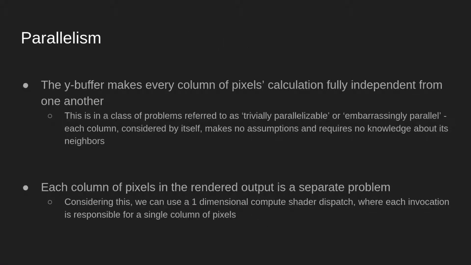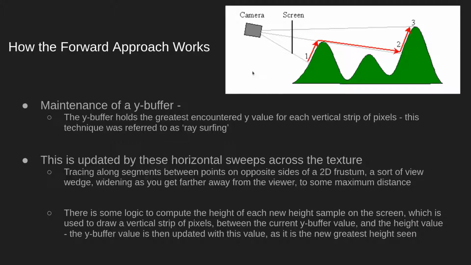This is where the compute shading comes in. Rather than doing these horizontal sweeps across, the Y buffer makes this a trivially parallelizable problem. If you think about it, each column of pixels can be its own job, where it goes and traces a ray out across the terrain, that ray surfing idea, maintaining the Y buffer.